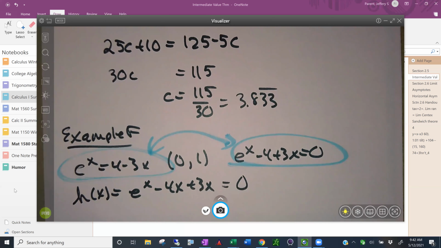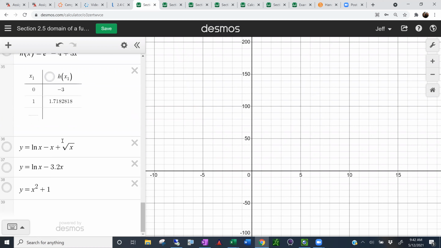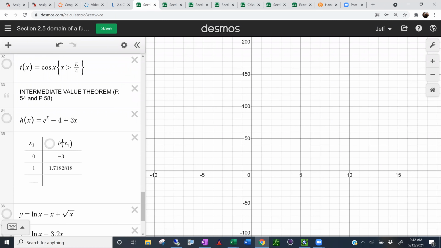So let's take a look at this again on Desmos. I'm going to shut these two graphs off. And where do I have it? Intermediate value theorem. Oh yeah, right here. I'm just going to start by plotting 2 points for this function h.